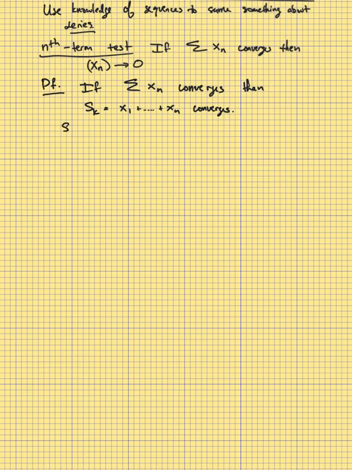Okay, well, notice if you take s sub k minus s sub k minus 1, of course, this is the sum of the first k terms minus the sum of the first k minus 1 terms, so it's just equal to x sub k. So therefore, we know that these terms, s sub k minus s sub k minus 1, are less than epsilon for any epsilon greater than 0 and sufficiently large k.